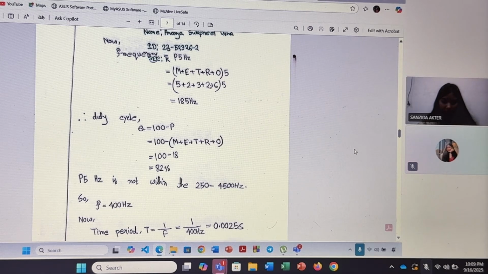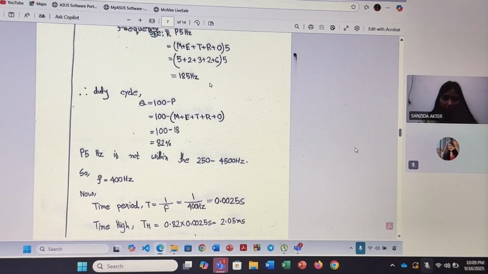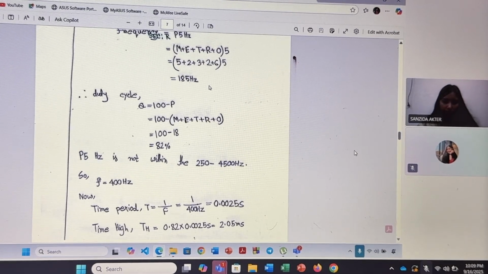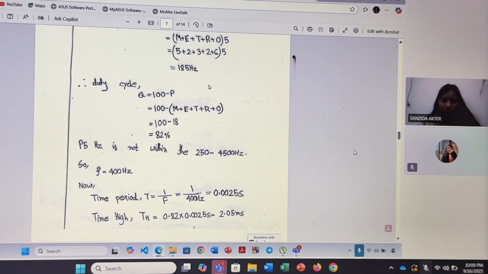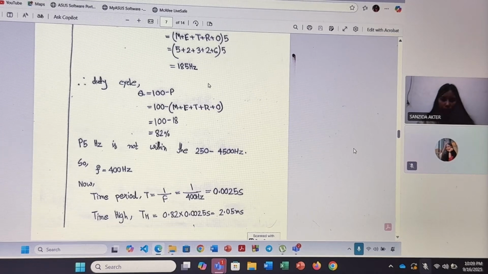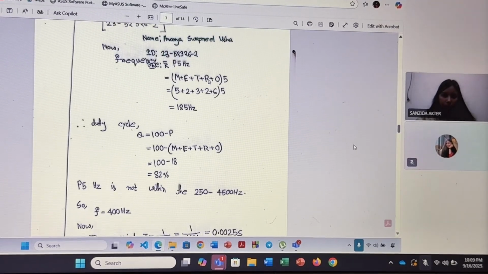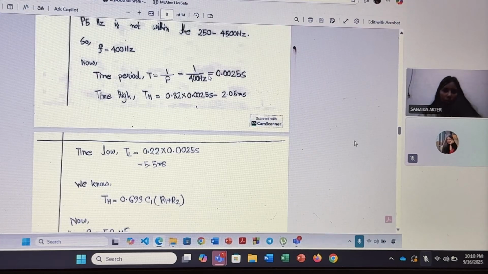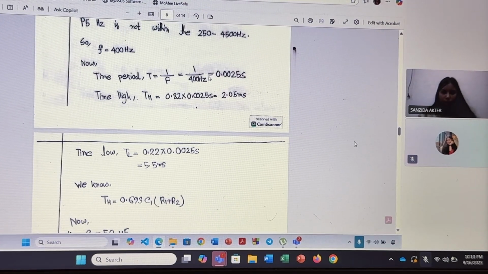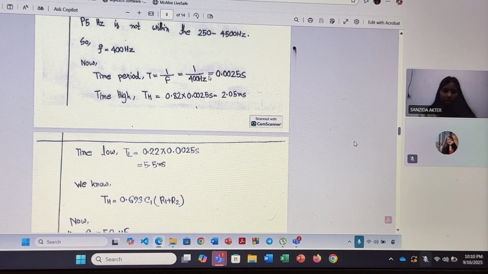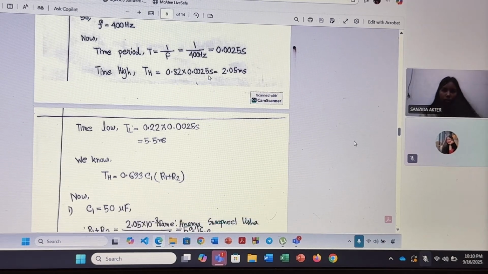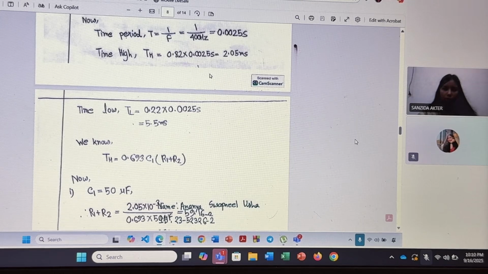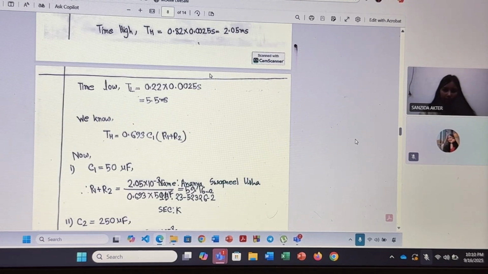Since 185 Hz is not ideal, I adjusted to a practical 400 Hz using the astable mode formulas. Time period equals 1 by f, which is 0.0025 s. Time high equals 2.05 ms. Time low equals 5.5 ms.